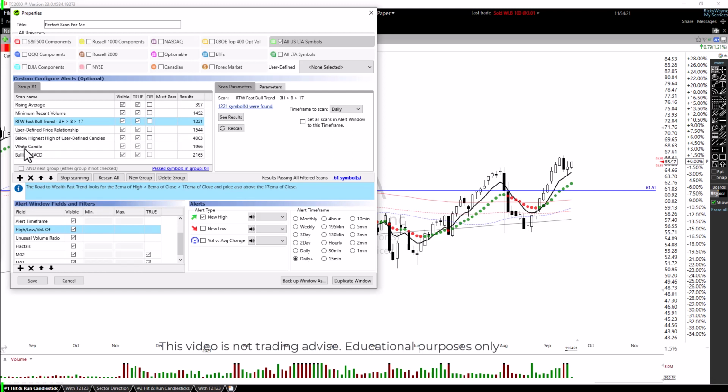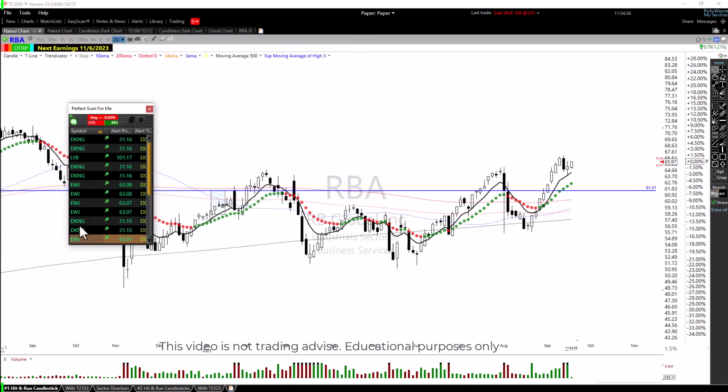We use black and white, so I want a black candle. And I would want a bearish MACD if you're going to use that MACD. It's real simple. And that right there is the perfect scan.